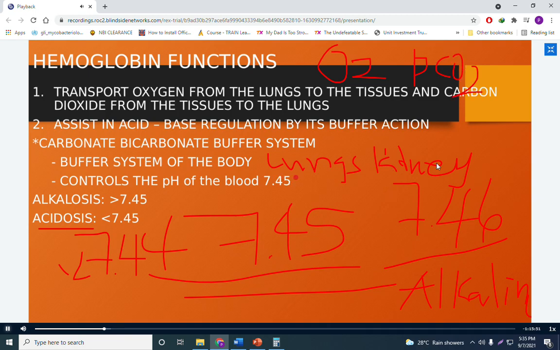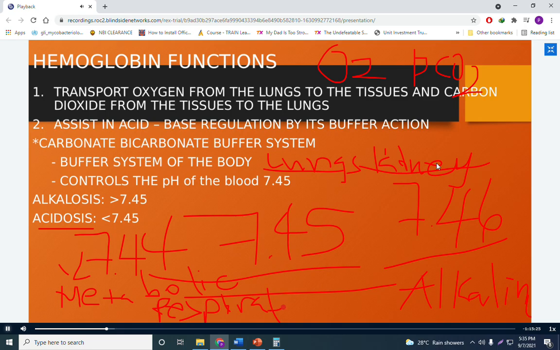So class, kapag nagkaroon ng problem sa lungs nyo, sa kidneys nyo, like sa lungs, for example, sa transport ng hemoglobin, it could lead to either acidosis in the form of what you call metabolic or respiratory acidosis.